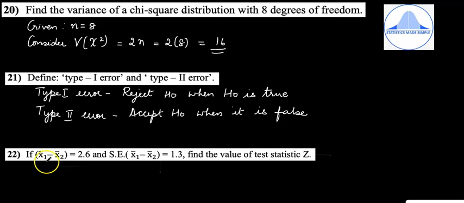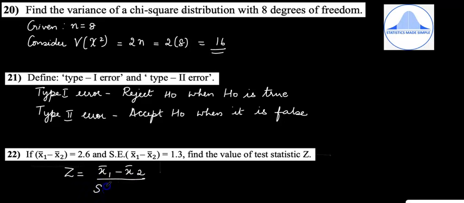22nd question. If x bar 1 minus x bar 2 is 2.6 and standard error of x bar 1 minus x bar 2 is 1.3, find the value of the test statistic. So this is based on large sample test, that is test for equality of means. So the formula of z is equal to x bar 1 minus x bar 2, and we actually know that the denominator is root of sigma 1 squared by n1 plus sigma 2 squared by n2.